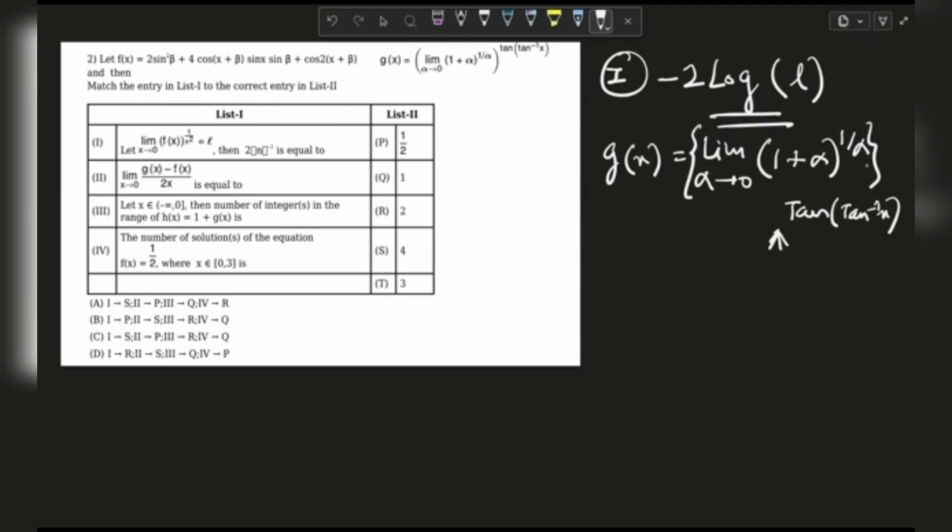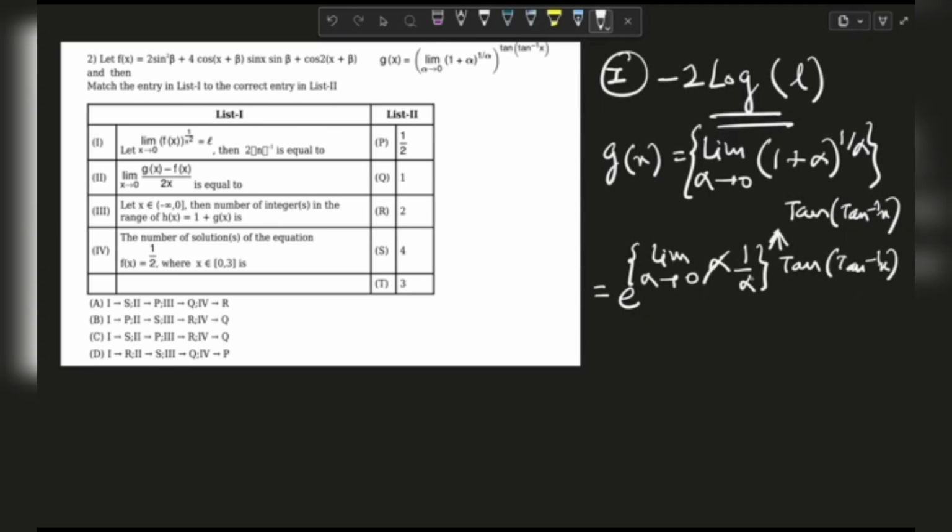So as you can see inside this bracket, this thing is 1 power infinity form, so let's quickly take it to that. So this becomes e power of limit alpha tends to 0, (1 plus alpha minus 1), so alpha into 1 by alpha, and outside we have tan of tan inverse x.